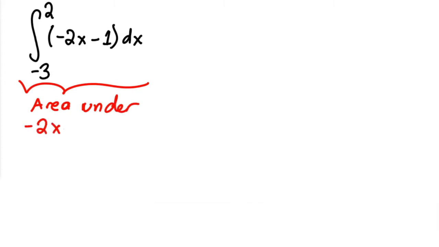What we do is interpret this as the area underneath the function negative 2x minus 1 from x equals negative 3 to positive 2. So let me give you a picture.